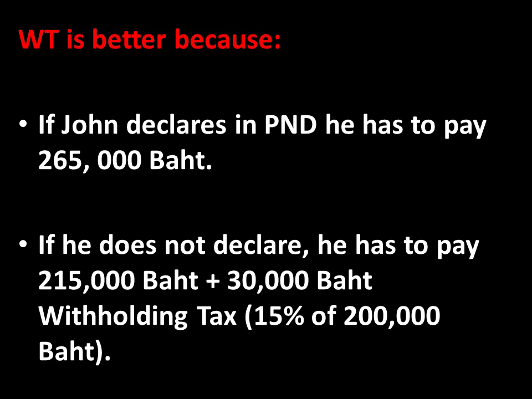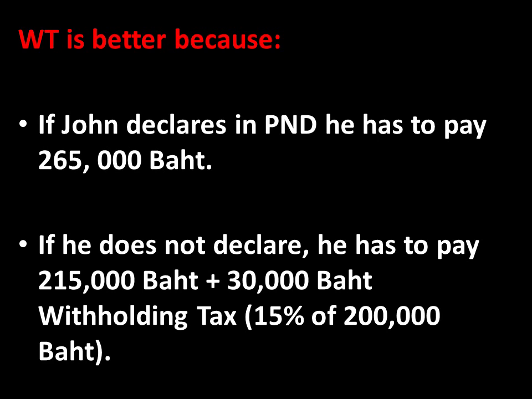In this case, withholding tax is better, because if John decides to declare all his sources of income in the Por Ngor Dor, he needs to include employment, interest, and rent. It means altogether he has to pay 265,000 baht.